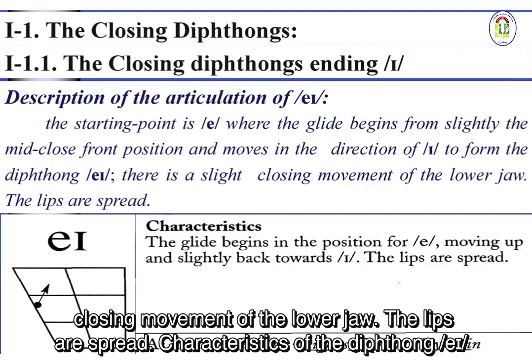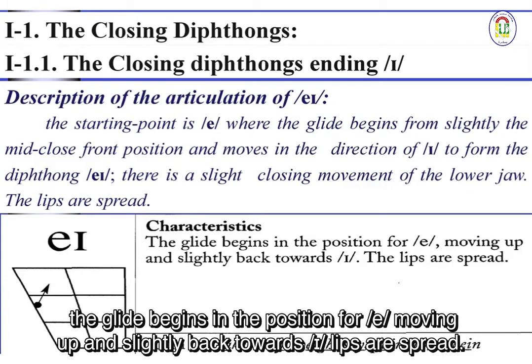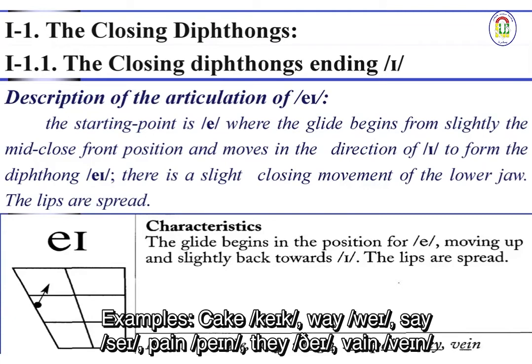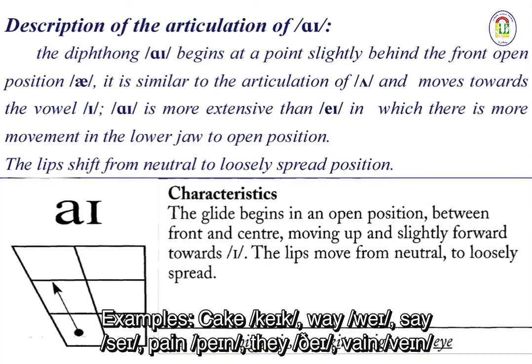Characteristics of the diphthong A. The glide begins in the position for A, moving up and slightly back towards A. Lips are spread. Examples: cake, way, say, pain, they, vain.